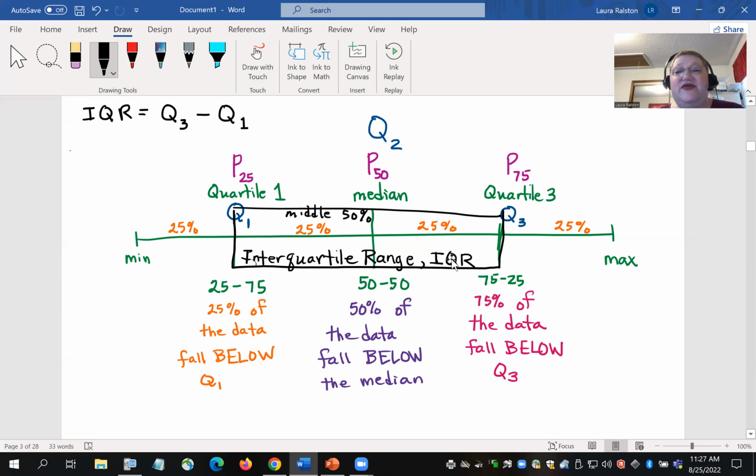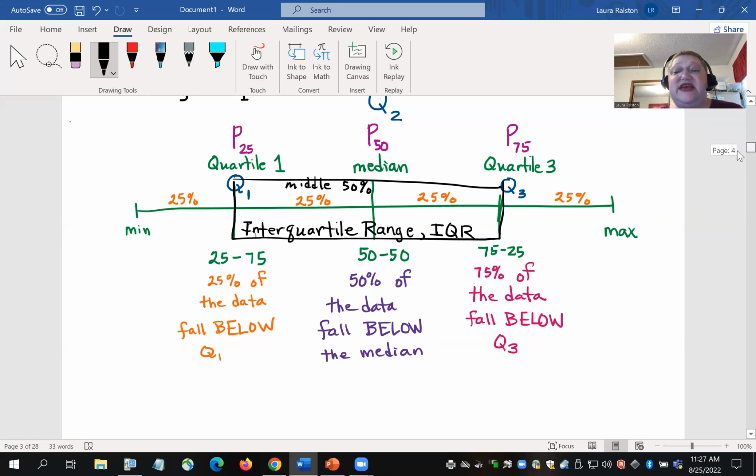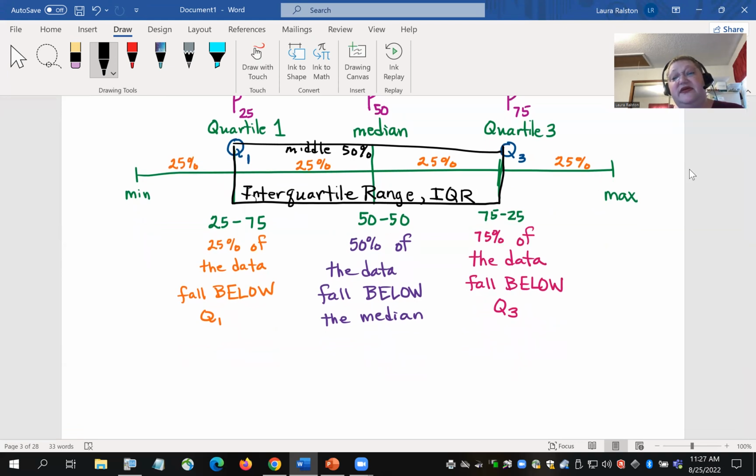This diagram that I've drawn with the horizontal number line marking the minimum, quartile 1, median, quartile 3, and the maximum, with the box drawn around the interquartile range, is actually a rough sketch of a box plot. But again, we're going to let MINITAB draw that for us. And I'll demonstrate how to do that here in just a few minutes.